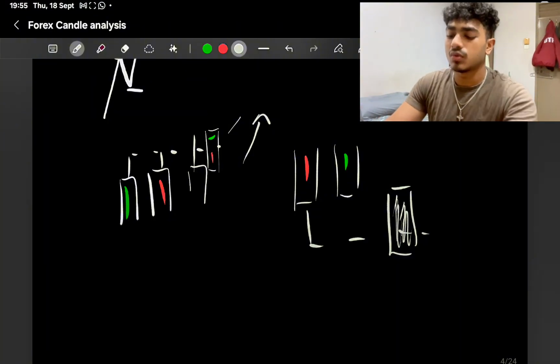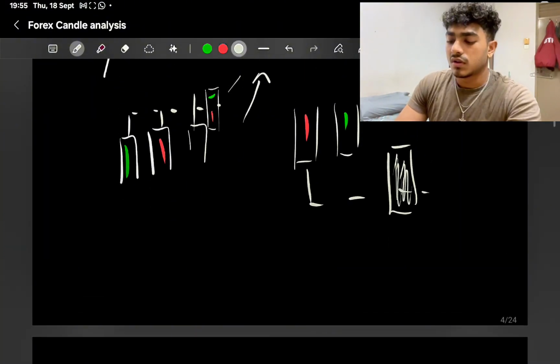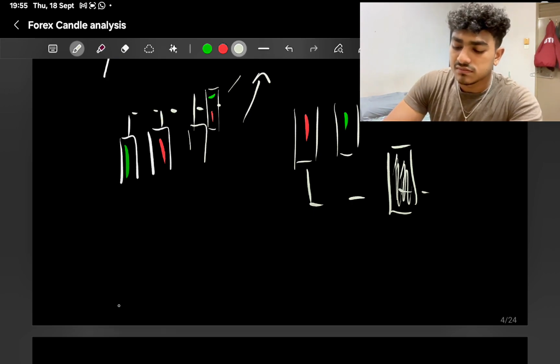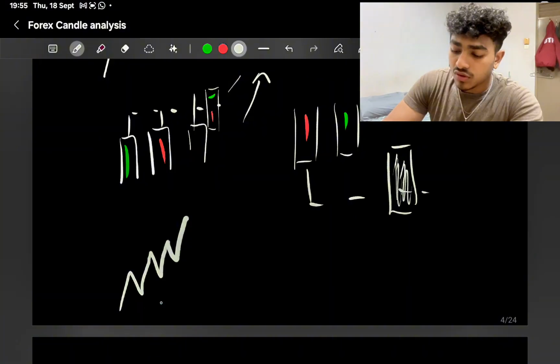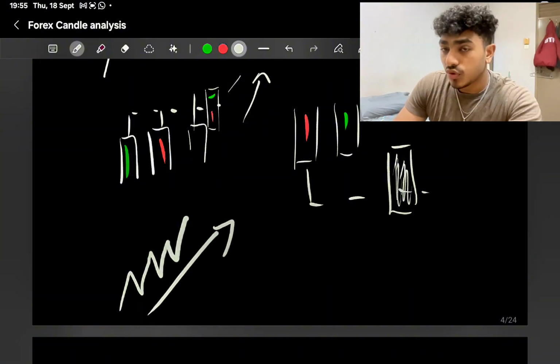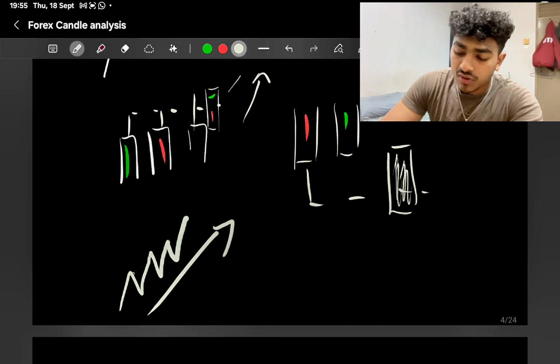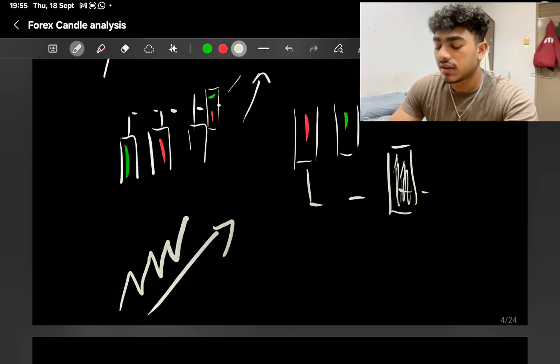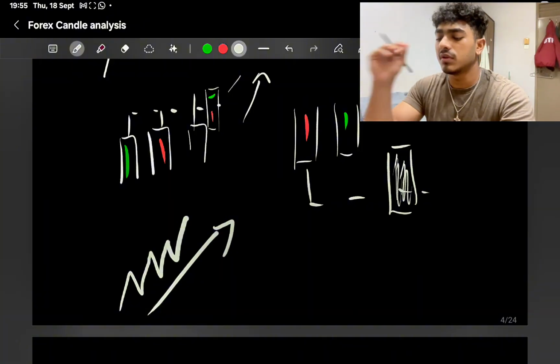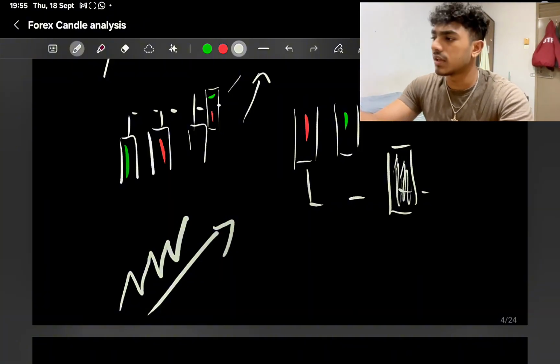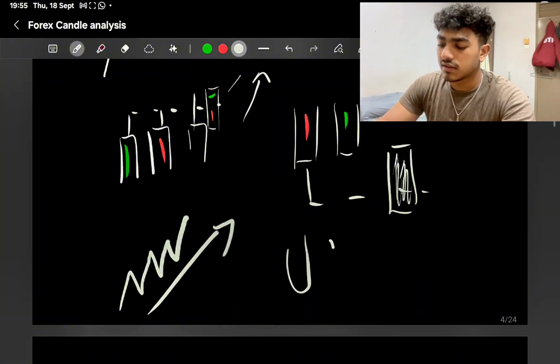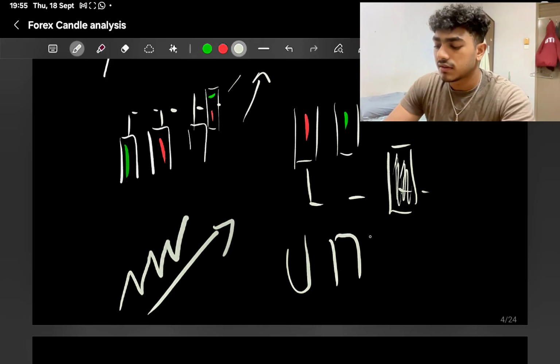You don't want to go against the market. If the market is going in an uptrend like this, you want to follow the big move. You want to go buy. Day trading doesn't work where you're going to be able to guess every single candle, this candle is green, this candle is red.